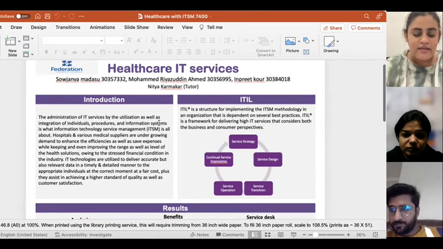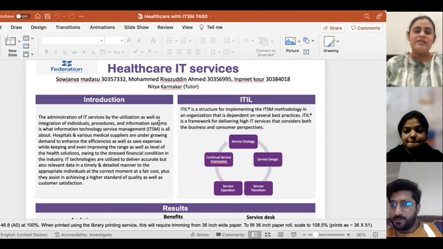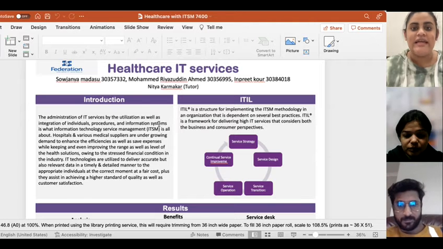Healthcare is one of the fastest growing sectors and is easy to explain, hence we have used it here. First, let us understand what ITSM, Information Technology Service Management, is. The term defines the management of the process of how IT services are provided to customers.